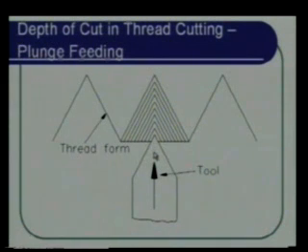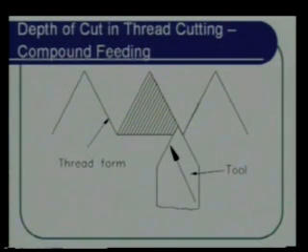When you do this, the tool will be cutting on both the flanks, left flank as well as the right flank. Because you are cutting on two sides, the rake angle has to be maintained as 0. And when you maintain the rake angle as 0, because of the two sides cutting, it is going to be relatively inefficient cutting, and because of which you will experience vibrations. So therefore it's not desirable. However, calculations are easier with plunge feeding.